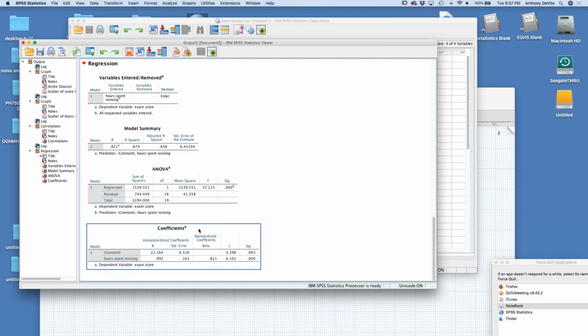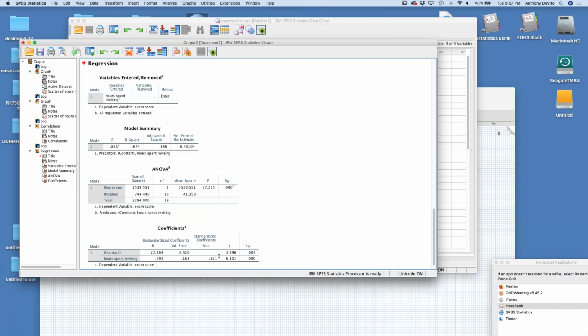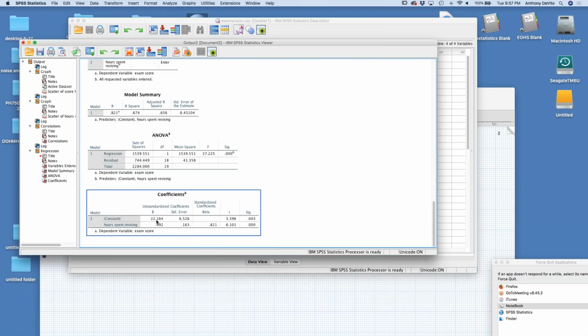And then finally, we go down to the actual coefficients, the part that tells us what the association is mathematically, how the association works in terms of the value of one predicting the value of the other. You may remember we mentioned that this is called linear regression. We're assuming a linear association between the predictor variable and the predicted variable, the x and the y.